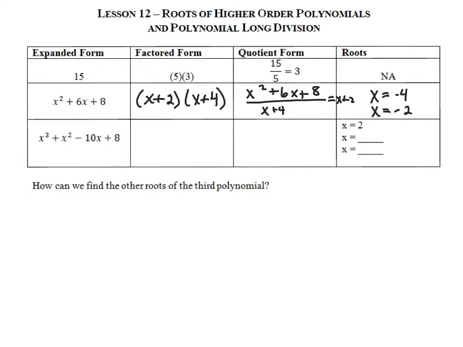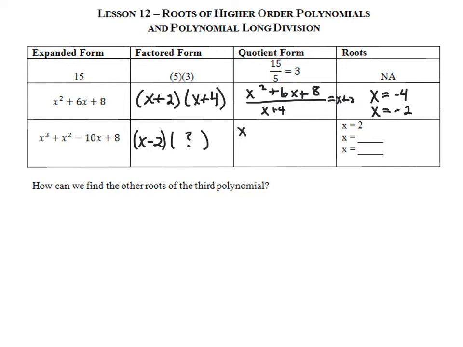Let's look at the next expression, which obviously is a little bit more complicated because it's a cubic expression. If I tell you, for example, that x cubed plus x squared minus 10x plus 8 has one of its factors as x minus 2, then I'm going to write x minus 2 as a factor. And our job today is to figure out what do I have to multiply x minus 2 by to get that polynomial.